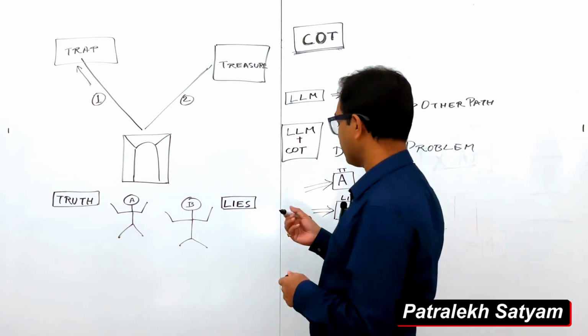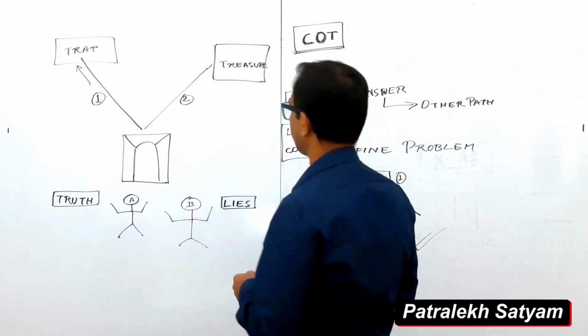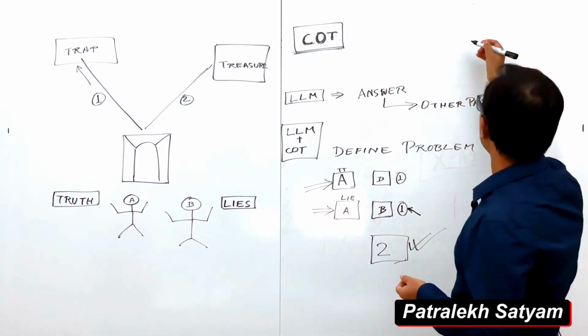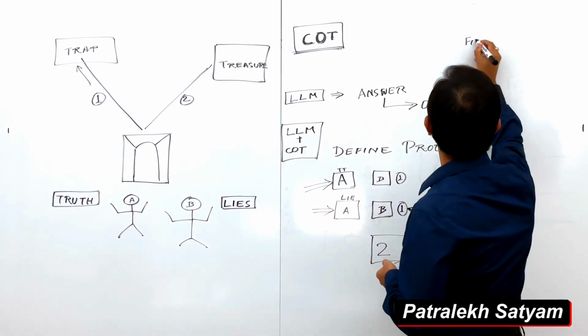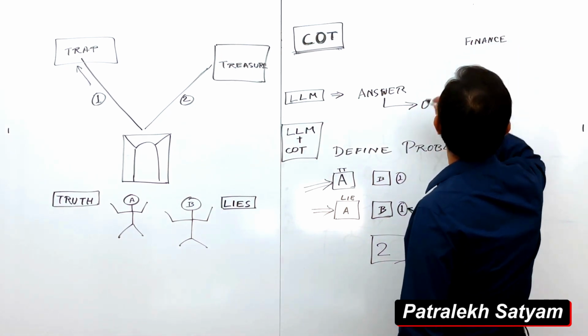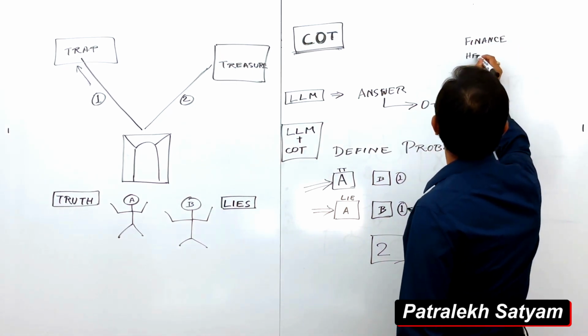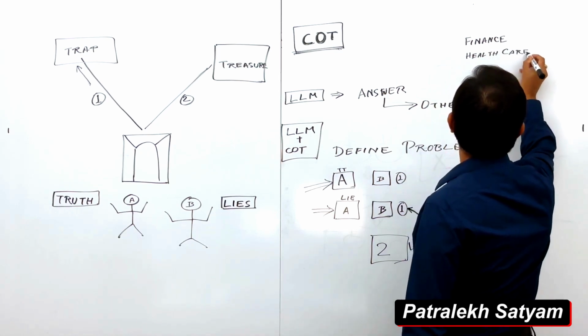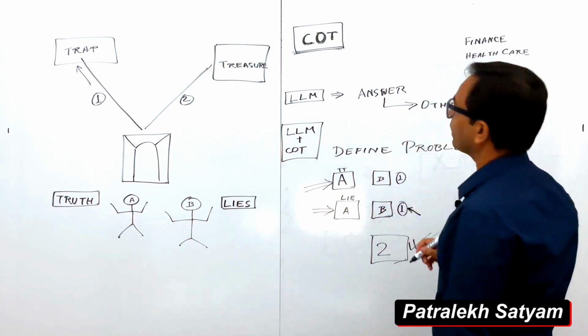These LLMs are being used in a lot of high stake environments like finance, right? All the financial organizations are using it. Healthcare. So in healthcare, we are using LLMs.